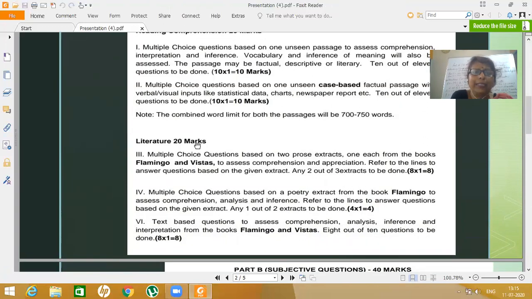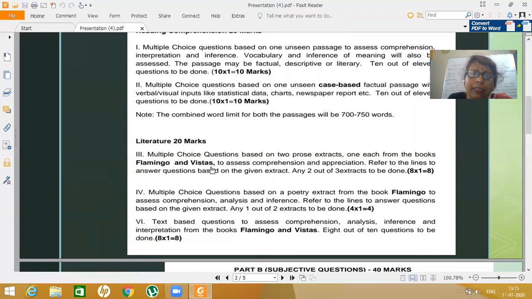Now the next 20 will be from literature. Now question number 3 will be multiple choice questions based on 2 prose extracts, one each from the books Flamingo and Vistas. So you will be getting, rather you will be given 3 extracts, out of which you have to attempt 2, one from Flamingo and one from Vistas.